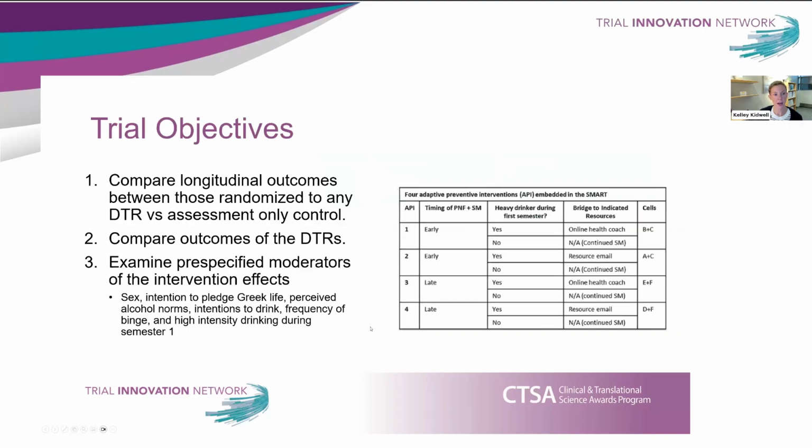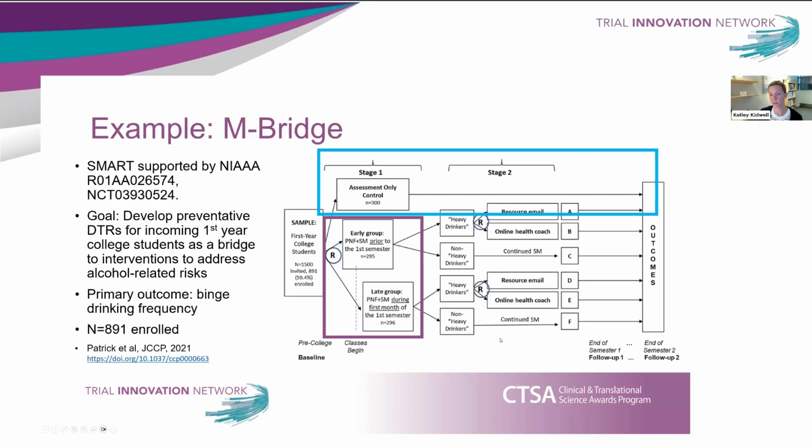So this SMART had 3 trial objectives, and these are kind of standard SMART objectives when you see them in the field. The first one was to compare the longitudinal outcomes between those randomized to any dynamic treatment regimen versus the control. So if we go back here, it's essentially looking at all 600 of these folks against the 300.